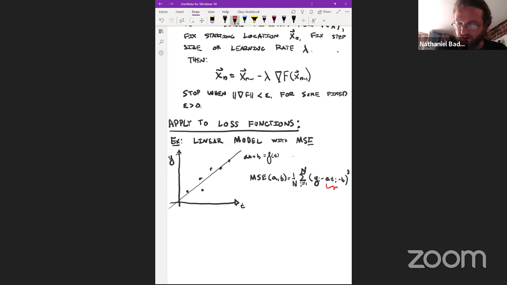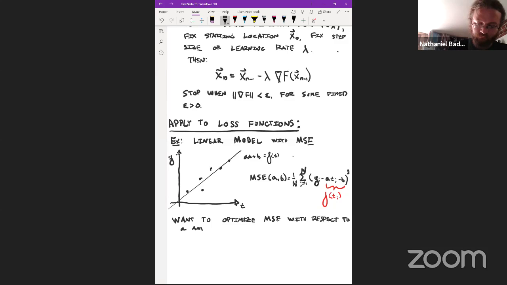So this here is f of ti. And so what we want to do now is optimize the mean squared error with respect to a and b. Okay.